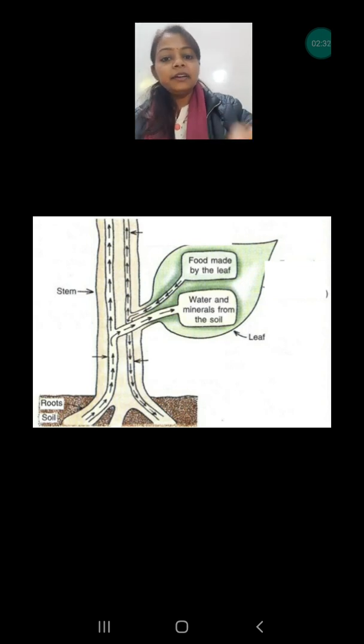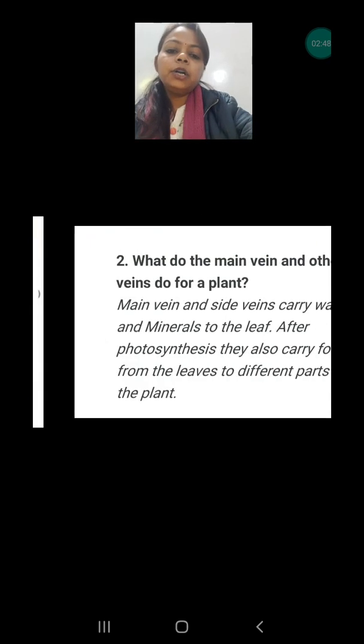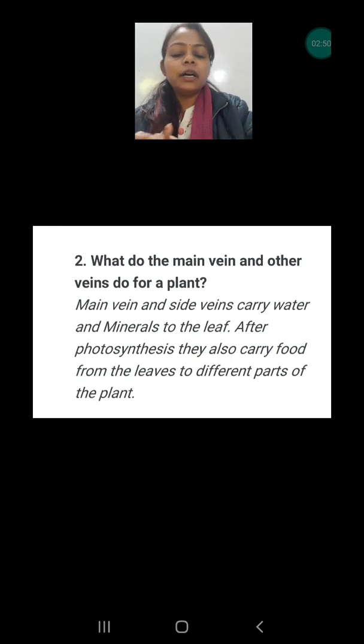Because it is a tube-like structure, it can carry the water and minerals sent by the root, and when the food is prepared in the leaf, the same veins are used to carry that food to the other parts of the plant.